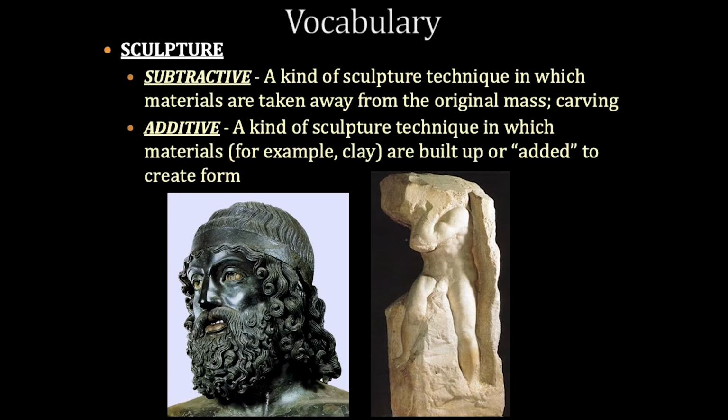Subtractive. In an additive process, you're building up materials. The simplest example of this would be those little coil pots that we make as kids, where we roll out the little coil and put it around the bottom and then add them on. So it's a build-up process. Kind of like 3D printing, as opposed to carving it out from one big block. You're building material up instead.